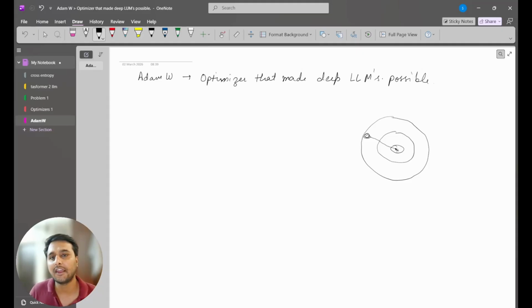Let me give you a recap about the Adam optimizer, because AdamW is just an improvement of the Adam optimizer. Adam was introduced in 2014, and till 2018, Adam was so powerful.